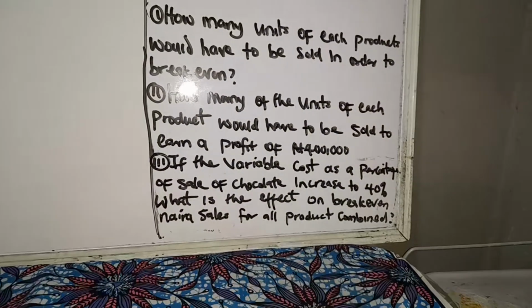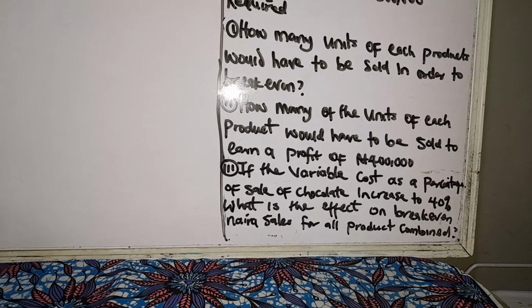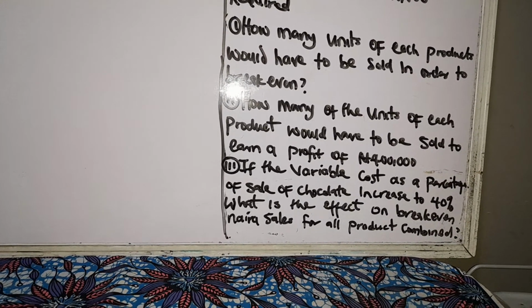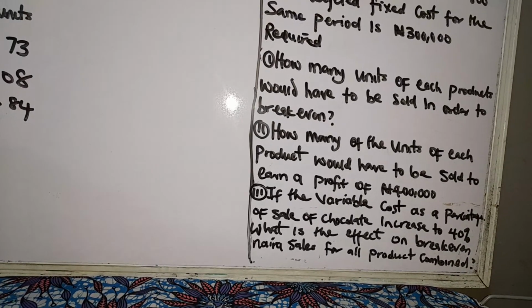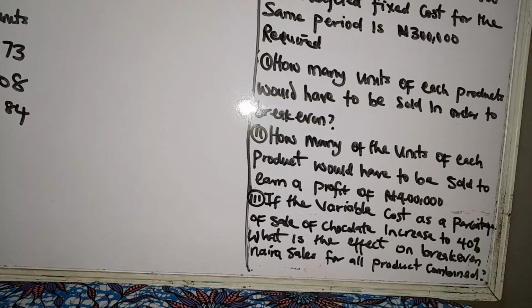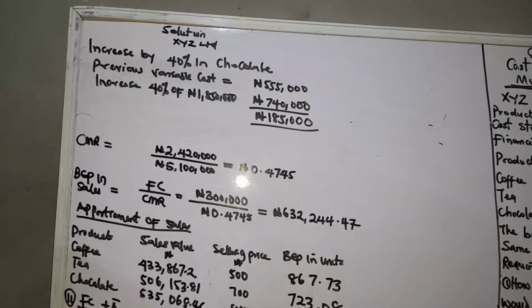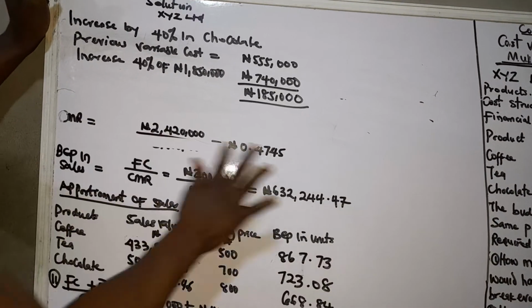What did the examiner say again? What is the effect on break-even naira sales for all the products? Now it's talking about all the combined products. So that means we are going to have a new contribution margin.